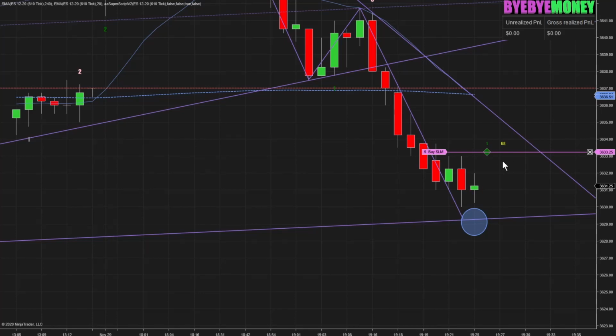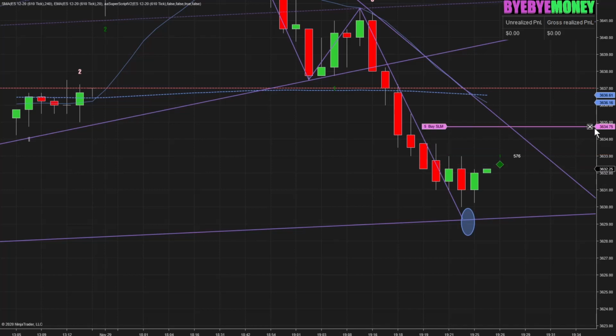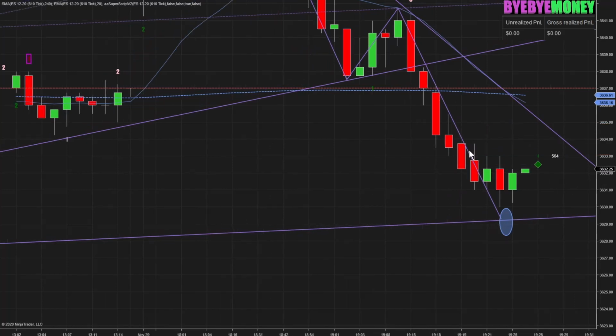Priming up my order. Will this explode once it hits it? I want to get a small retracement here.